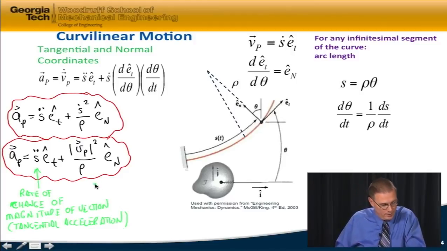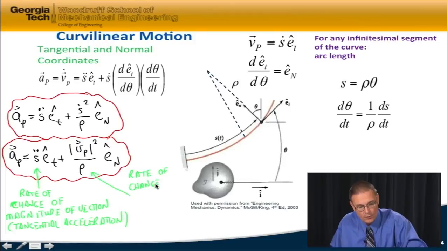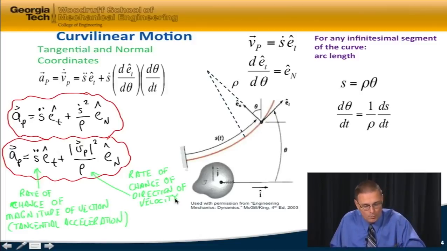And this is the rate of change of the direction of the velocity. And we call that the radial or normal acceleration.